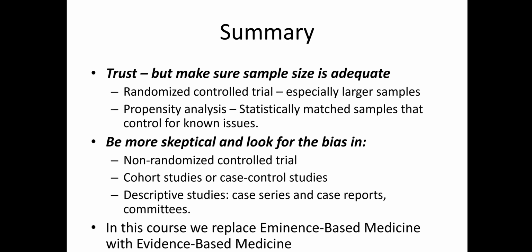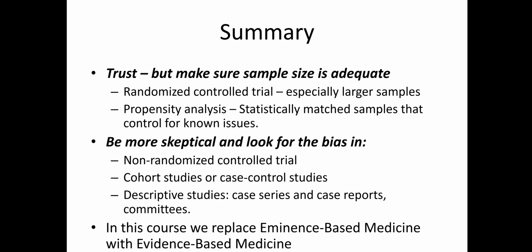Okay, in summary, when you're reviewing the literature, you should trust, but make sure the sample size is adequate. The best is a randomized controlled trial, especially those with larger samples. A propensity analysis with statistically matched samples that control for known issues.